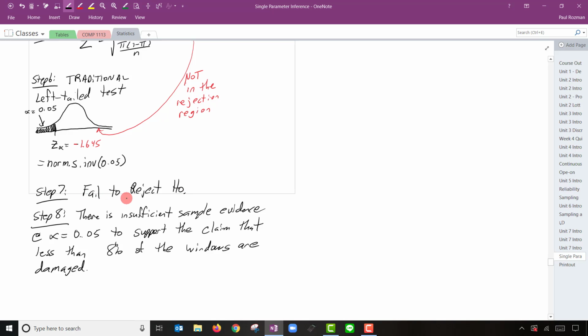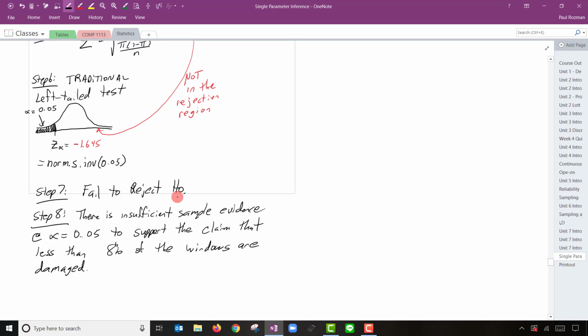But when we fail to reject the null hypothesis, we don't. That's the type 2 error situation, which we can't know the probability of without knowing the actual answer. And therefore, we have to be careful in our final wording. We have to keep these wordings very weak when we have failed to reject.